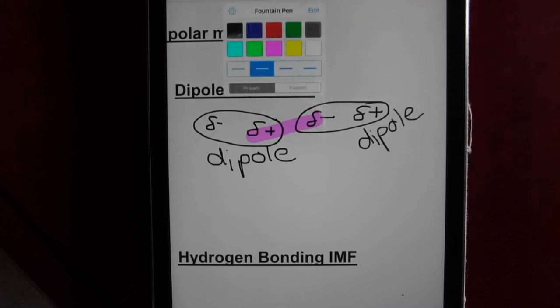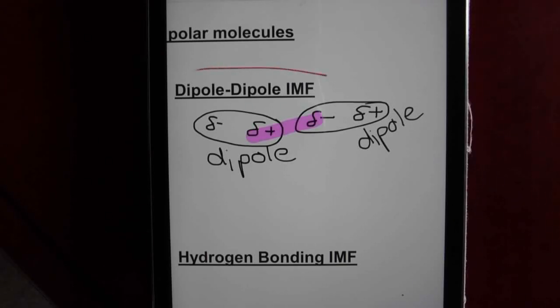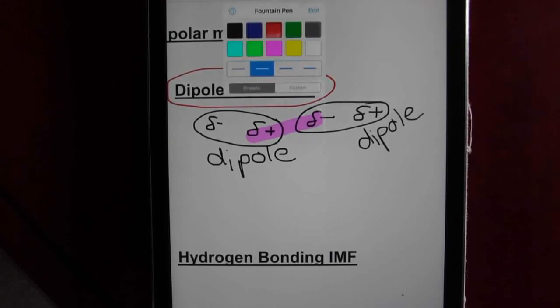Very, very intelligently, they have decided to call this a dipole-dipole intermolecular force. So the dipole-dipole intermolecular force is plain, simple, between two dipoles, two molecules that are polar, where one's negative side will be attracted to the other's positive side. So that's for dipole-dipole forces.